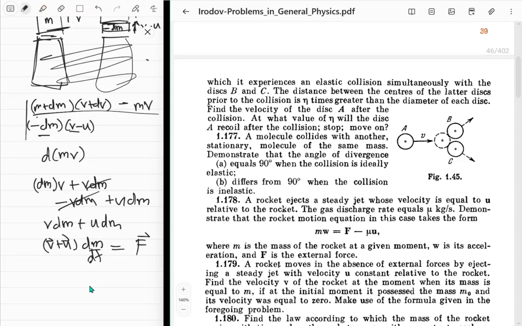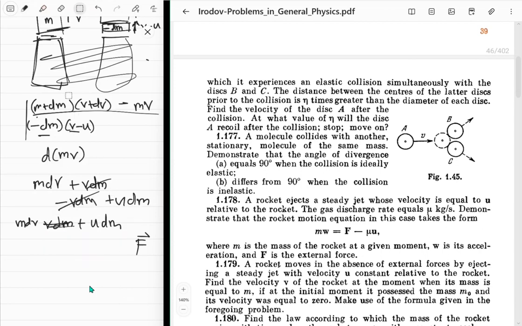Oh sorry, I messed up once again. Why did I write it like this? The v dm that was already there, this must have been m dv. Sorry. This is supposed to be m dv. Then all of this is just wrong.